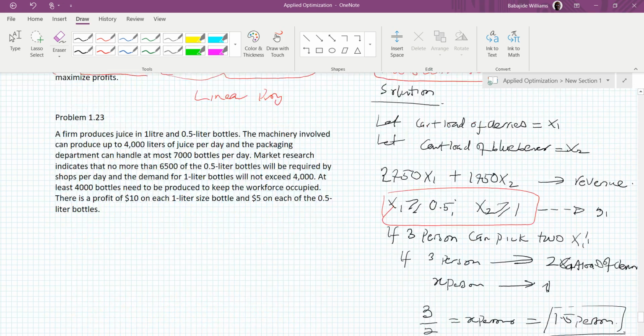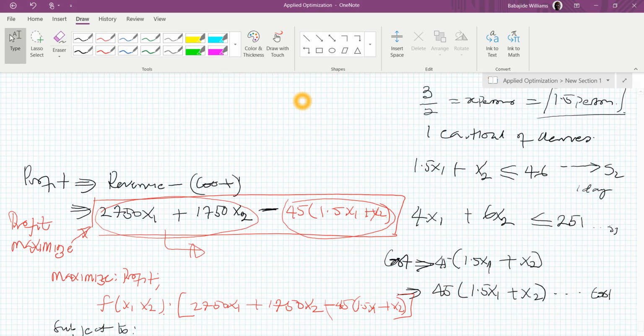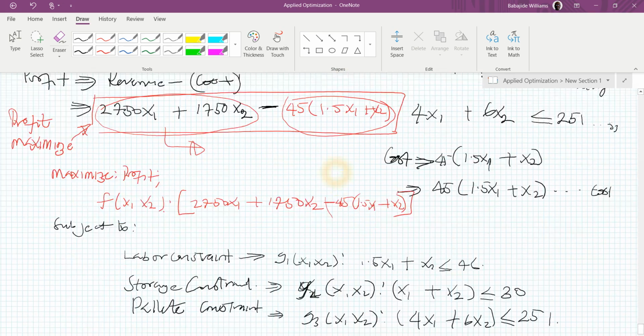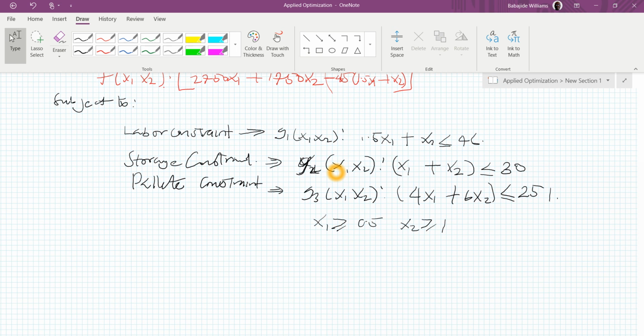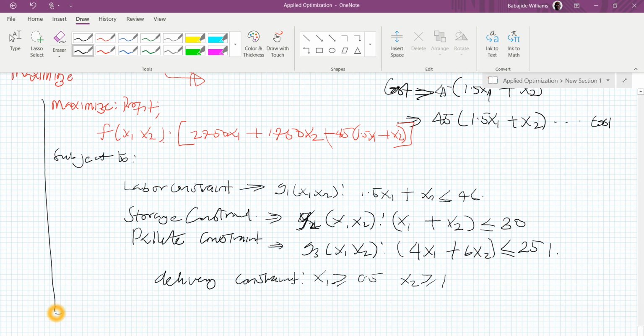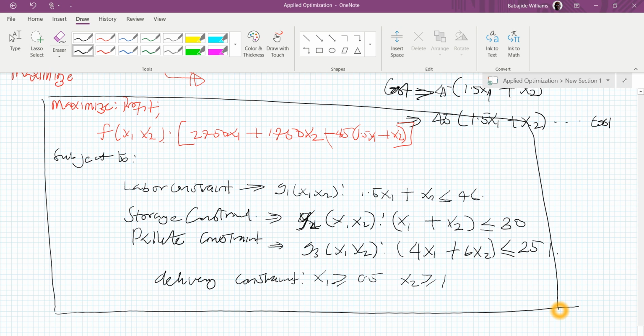So that's the delivery constraint, which may serve as a side constraint too. Now, the whole thing gives us our formulation, and then we're good to go. We want to find the values of x1 and x2 that maximize this function here.